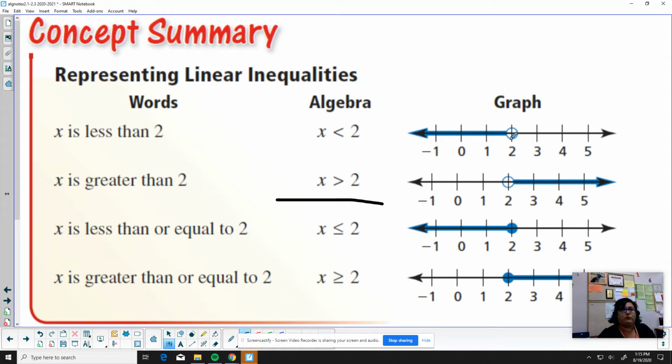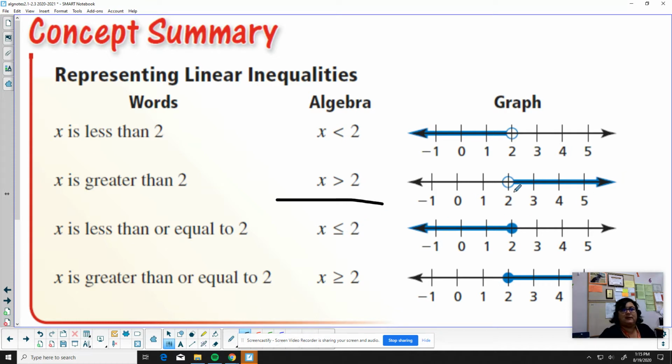We graph those by putting an open or closed circle on a number line, and we shade whichever direction it tells us to. So this one says x is less than 2, so it's an open circle on 2, and I shade where the numbers are smaller than 2. This one says x is greater than 2, so I do an open circle on 2 and shade to the right where the numbers are bigger than 2.